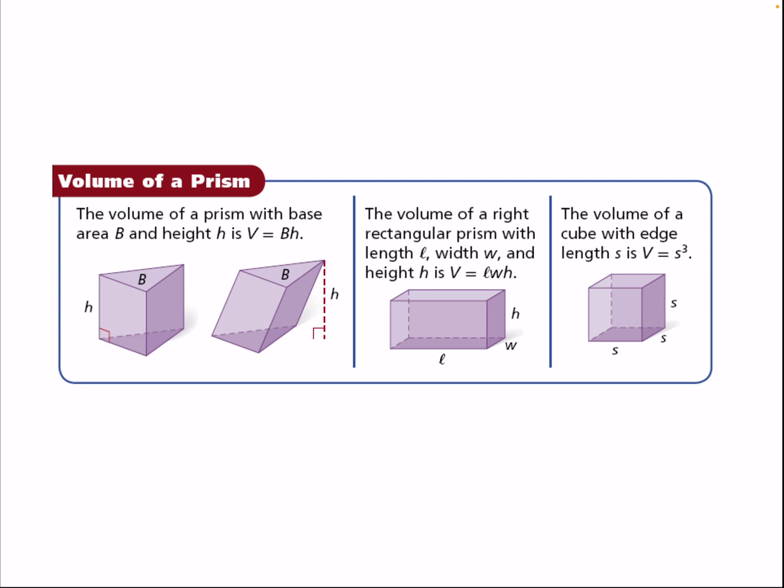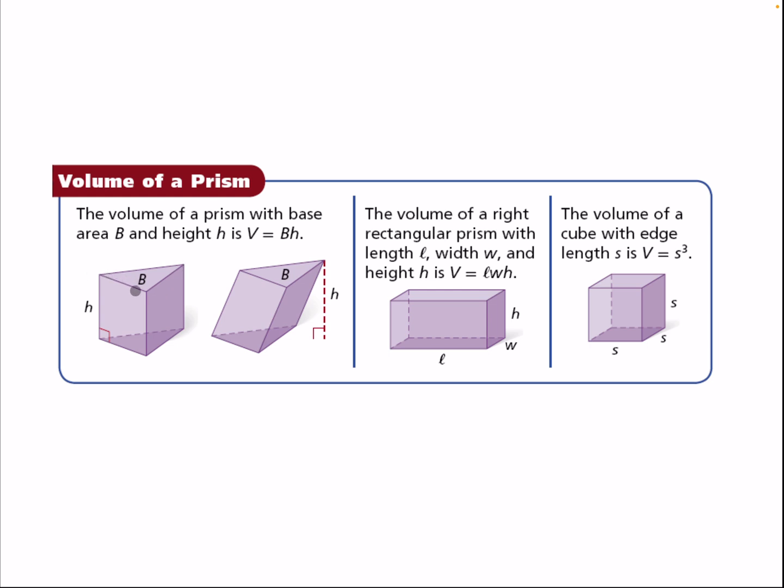Volume of a prism. The volume of a prism, we already know what a prism is, with a base area, which we're going to call B, and a height h is equal to, so here's the formula, the volume is equal to the area of the base times the height. So in this depiction, we have a triangular prism.